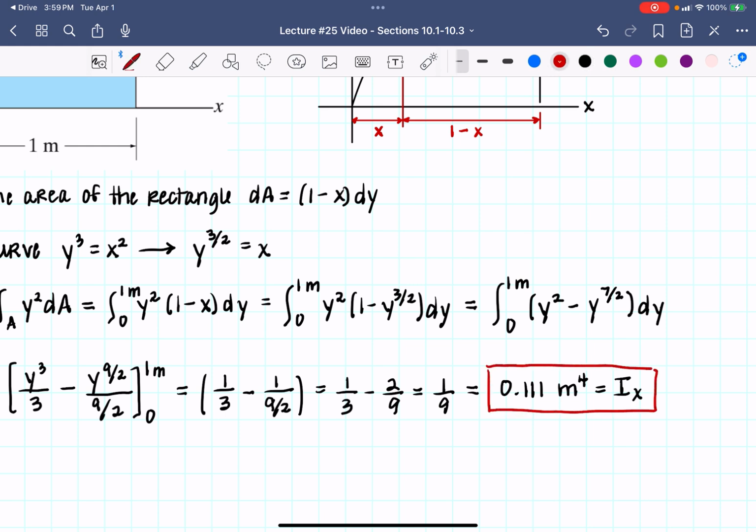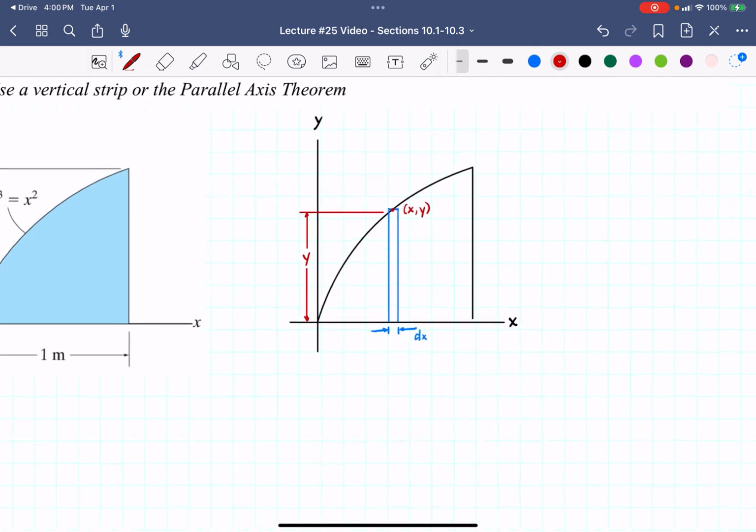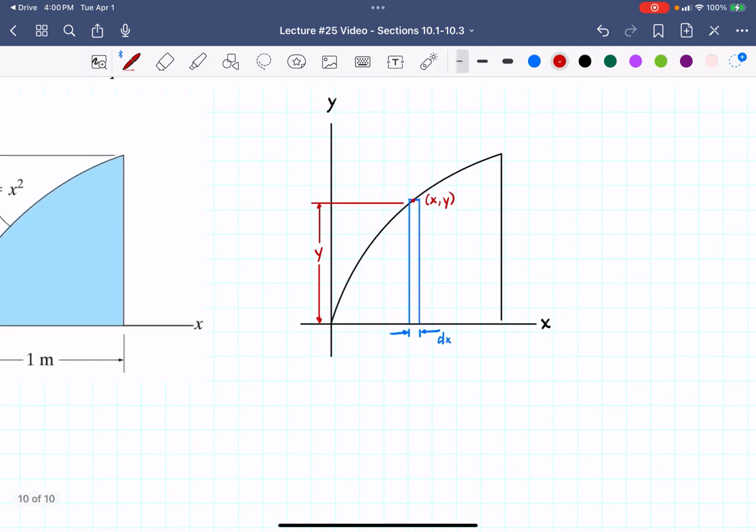I could have gotten that same information by using a vertical strip and the parallel axis theorem. It would have just been a little more complicated. So now we've done I of x, so let's do the same thing for I of y. Now if I'm doing I of y, I'm going to choose a rectangle that is parallel to the y-axis. So my differential element this time is dx.